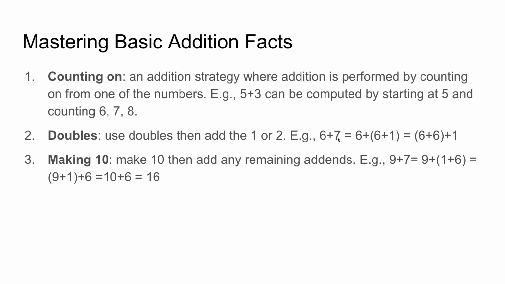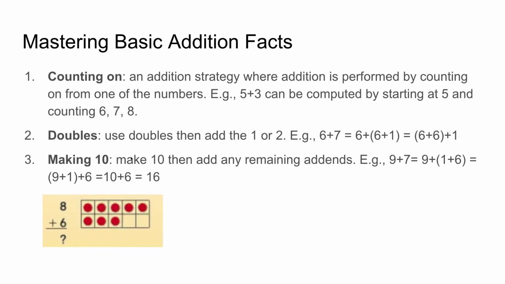Then you can change 7 into 4 and 3, because I need 4 to add to 6 to make 10. 4 and 3 is still 7. 6 plus 4 will be 10, and I have 3, so it's 13, still the same number. So you can use any of the techniques for exactly the same question.